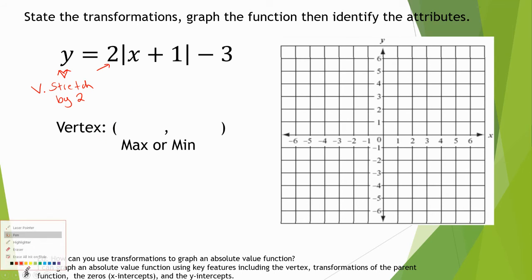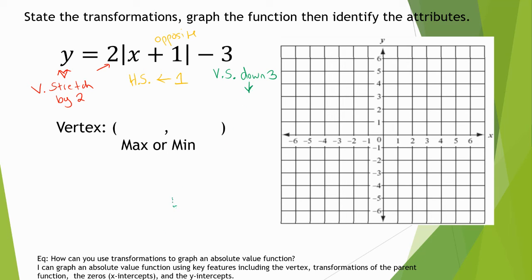And then the number in with the x, remember that you always do the opposite. It's going to be a +1, so it's going to do the opposite, and it's going to be a horizontal shift, and we're going to go to the left 1. And then at the end, that is a vertical shift, and we're going to go down 3.